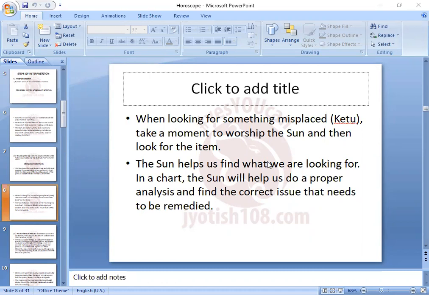But at the end of the day, you don't need 100 remedies, right? You need only one remedy that will solve all your problems, because we are very busy in our lives today. A normal person won't have time for so many remedies. So as astrologers, you should try to give as few remedies as possible.